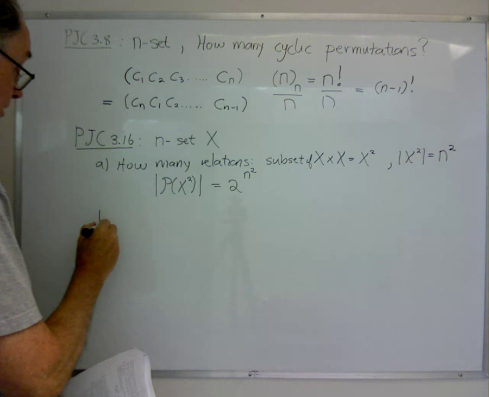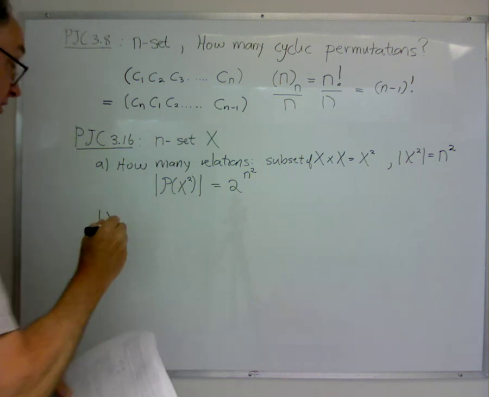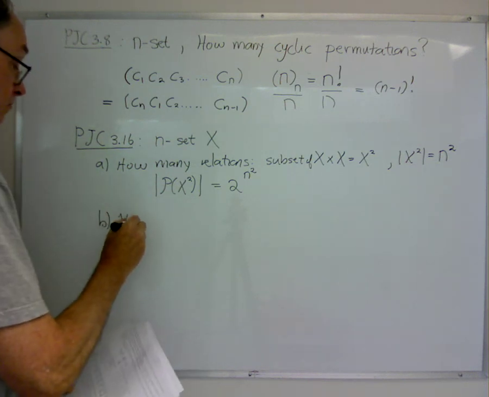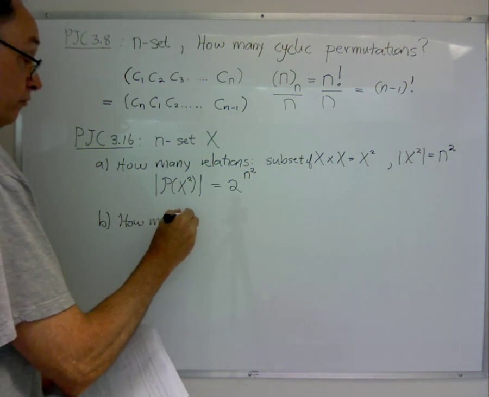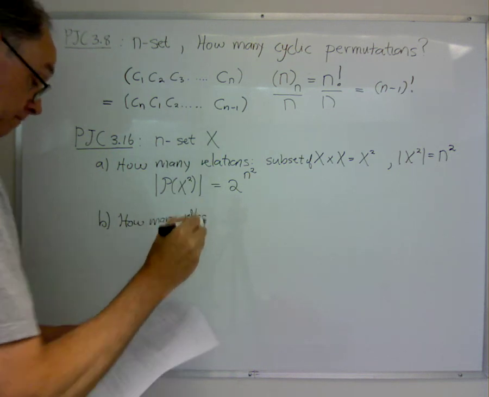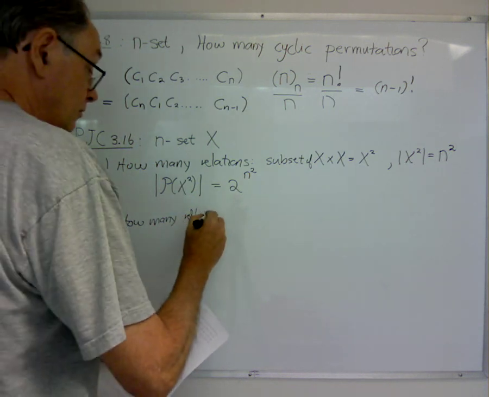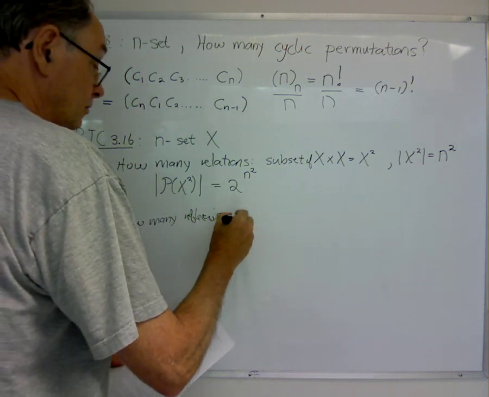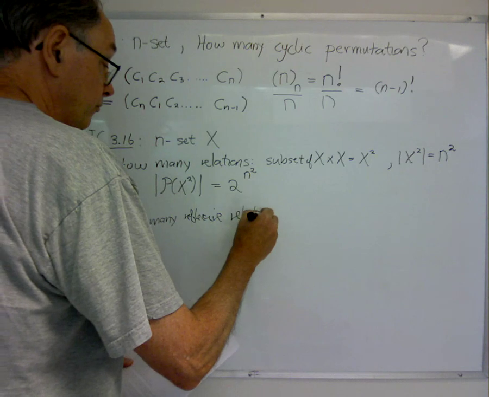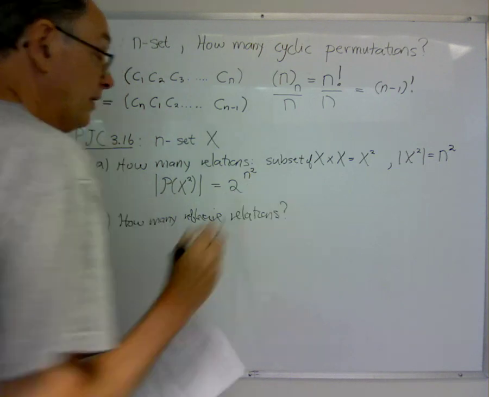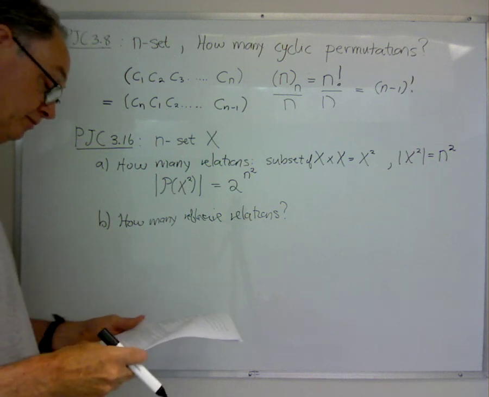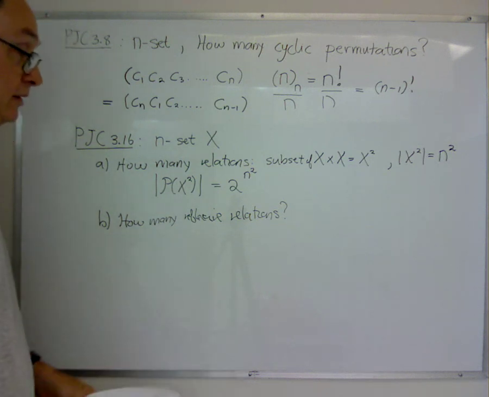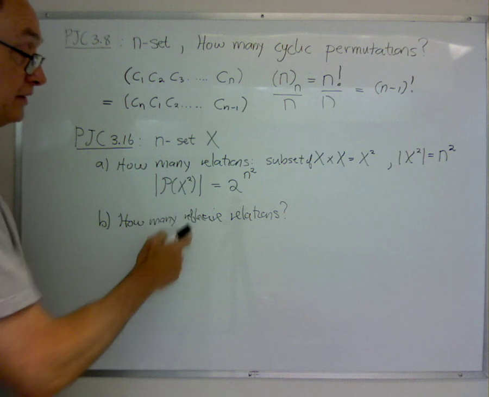B is how many reflexive? How many reflexive relations? Instead of all the relations, all the reflexive ones. So when is the relation reflexive?